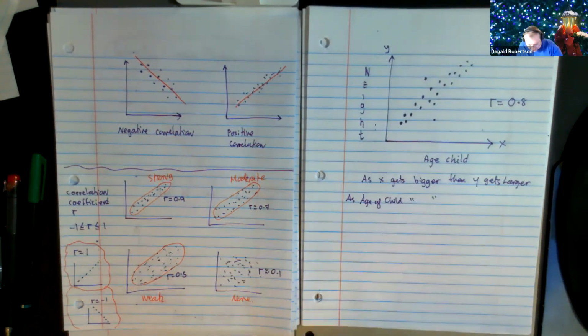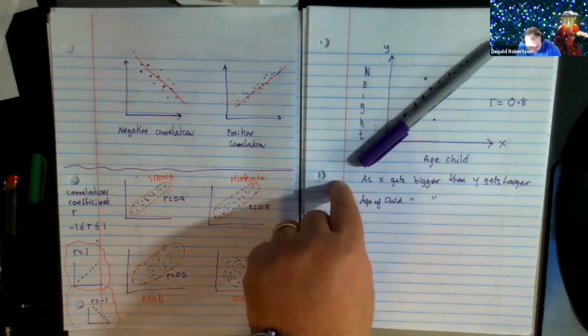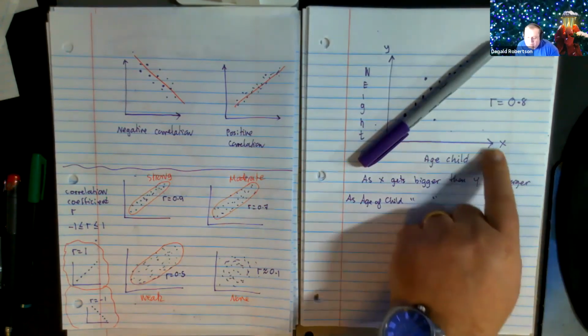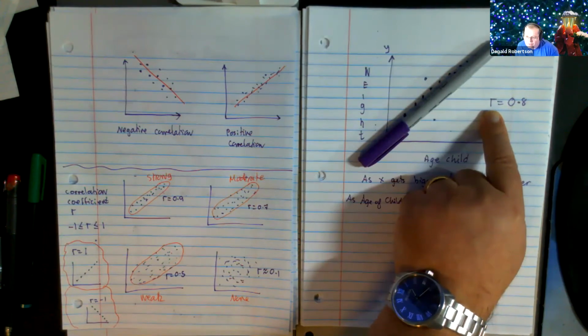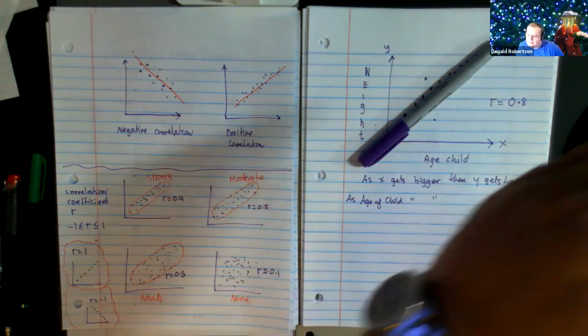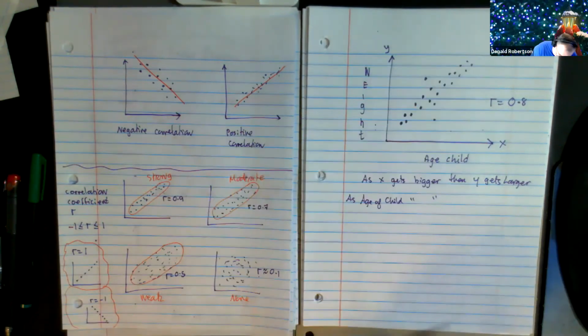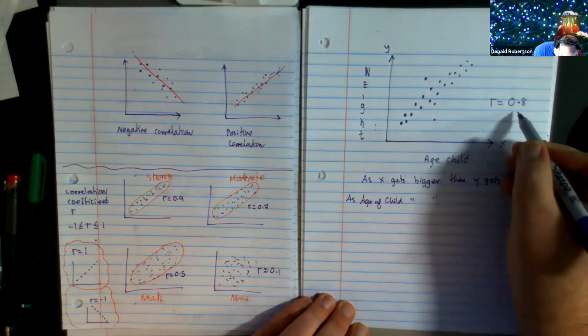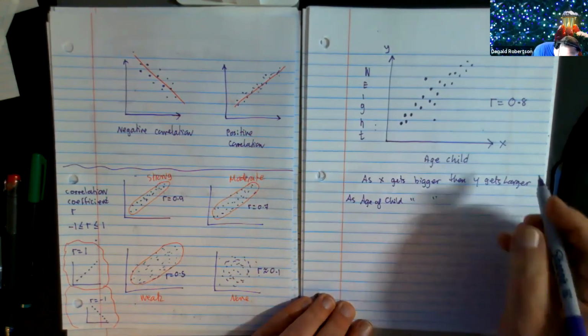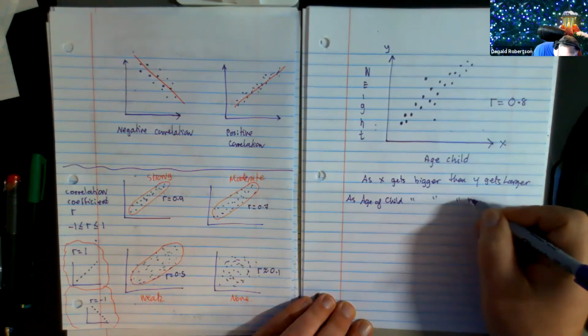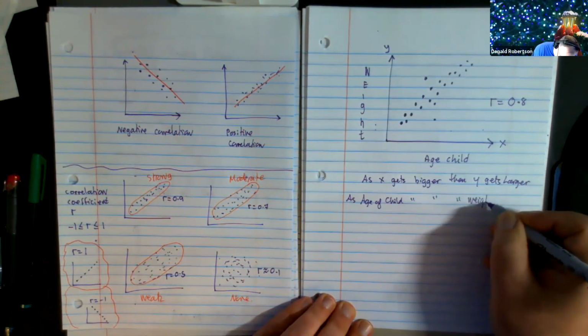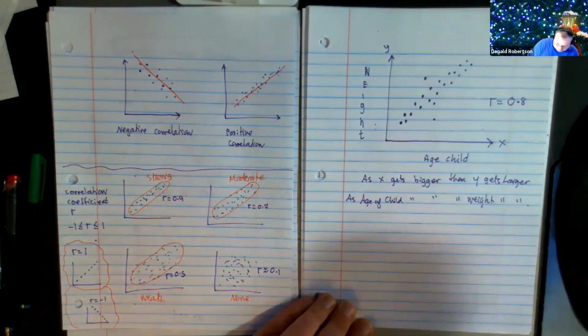Now, I don't need that picture to make that conclusion, because isn't a positive R value mean it's sloping up that way? So this tells me as the age of the child gets bigger, then the child's weight gets larger, right?